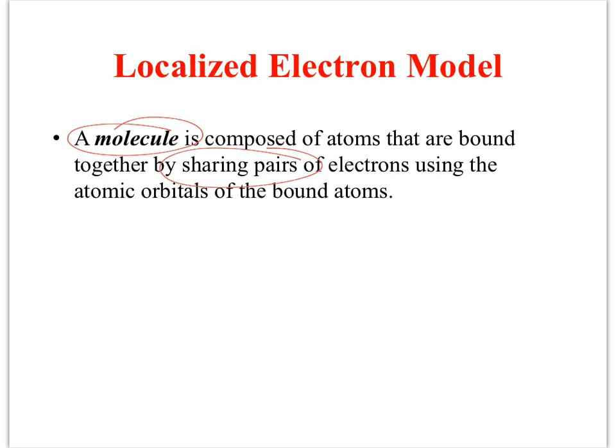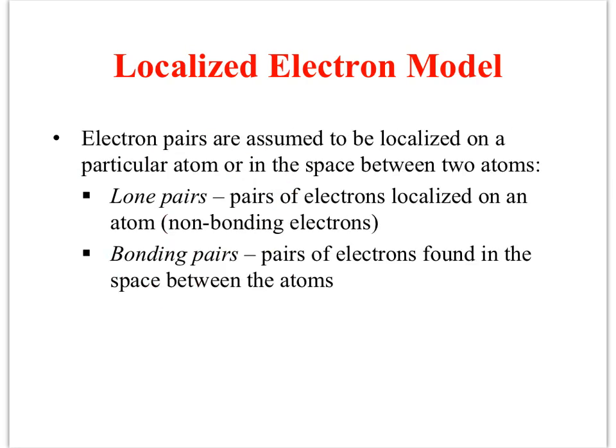When I was going over metallic bonding, here's a bunch of metal atoms where the nucleus and the non-valence electrons line up, and then the valence electrons form that sea of mobile electrons where they just kind of float across the surface and they're not associated with any one particular atom. We called that delocalized. So when we look at Lewis structures of covalently bonded molecules, we're going to say these are localized, meaning the electrons are staying put. They're just going to be located in between the atoms that we're talking about.